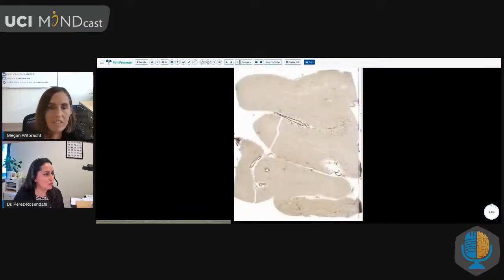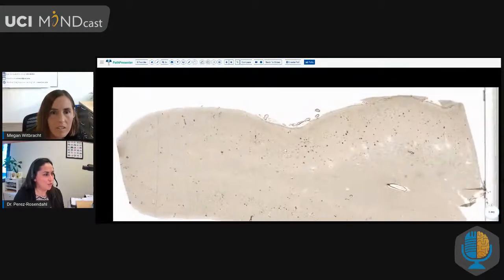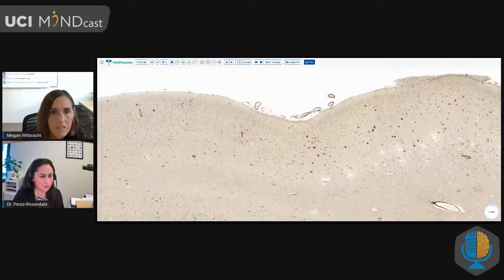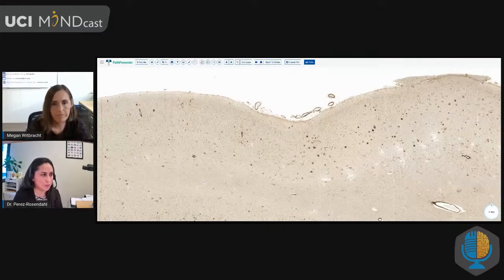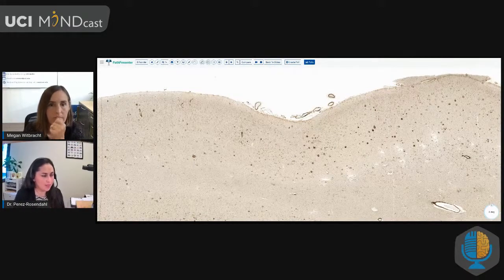Now, in order to see the hallmarks of Alzheimer's disease, we have to do stains. You can actually sort of see some of the amyloid plaques and tangles on H&E, but to make it easier, at least for our audience today, and because we always do these stains anyway, it makes it much easier to quantitate.